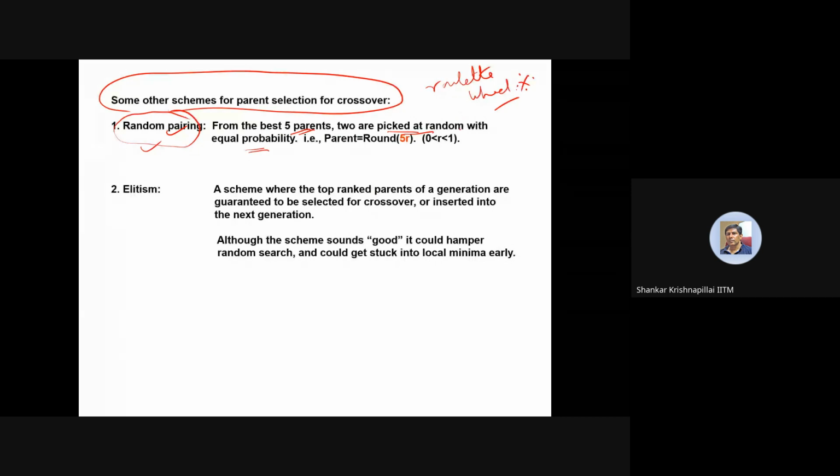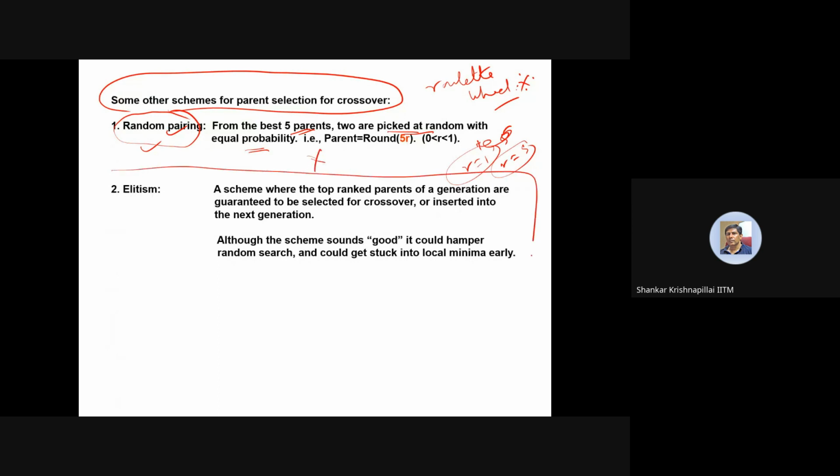Basically, you select a random number between 1 and 5, and accordingly you pick the parents. So if r equals 1, the first parent is x1. If r equals 3, the next parent is x3. So this is the random pairing. It gives equal importance to all parents without any consideration of their fitness, so it is not used much.